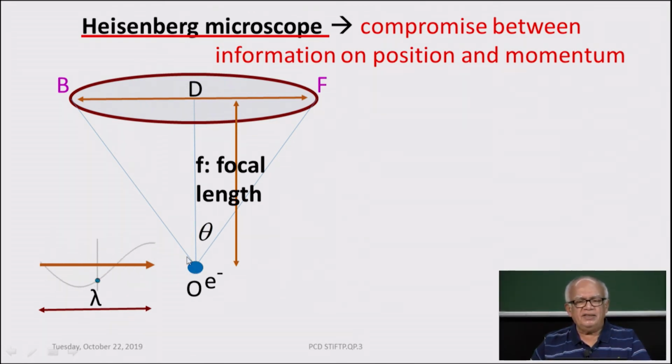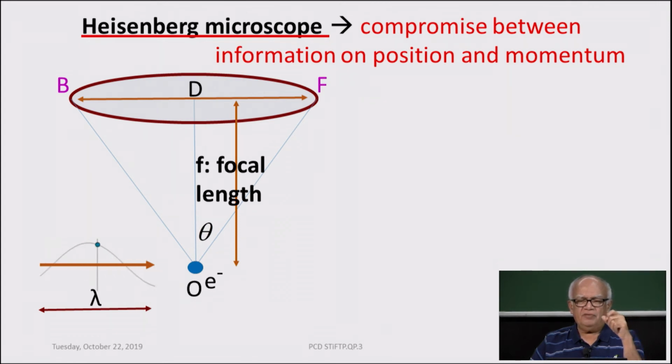And of course, you must see the scattered light through a microscope. So, this is the lens of the microscope. It will have a certain aperture and a certain diameter from B to F, okay, and you must see it through this microscope to see where the particle is. So, that is the experiment you are carrying out, okay.